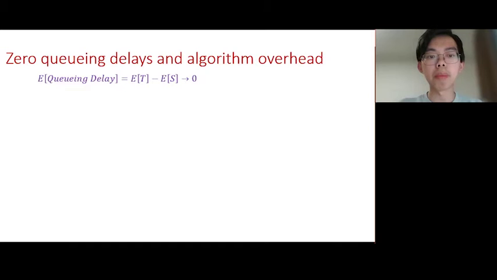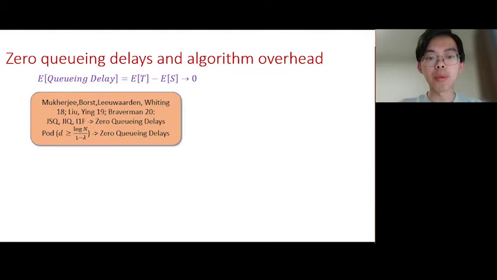It then leads to a fundamental question. What is the trade-off between algorithm performance and its required overhead? Specifically, previous studies have focused on understanding this question by requiring algorithms to have the following property: zero queuing delays. It means that the average queuing delays converge to zero when the system size scales to infinity.